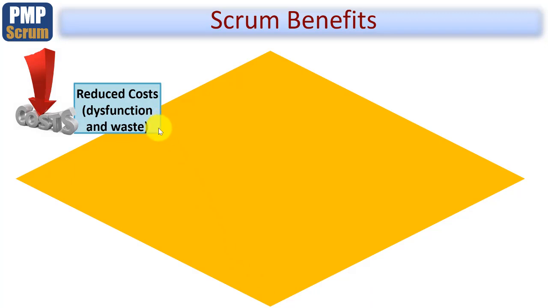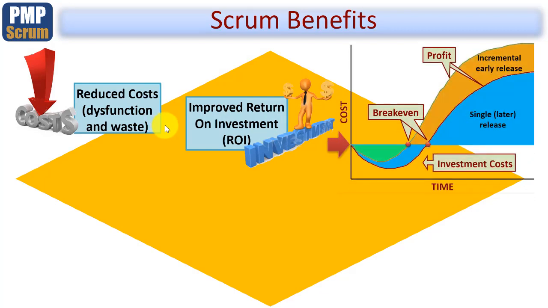The reason this occurs in a traditional project, of course, is the cost of rework, managing changes, managing large risk because you've planned everything up front, versus Scrum, which delivers the project in small, short, focused sprints so that the development team are entirely focused on the sprint goal and converting the requirements from the product backlog into products and taking early feedback so that you can correct problems either technically or in terms of the process quickly and swiftly, thus reducing costs. The other benefit allied to that is improved return on investment, ROI.